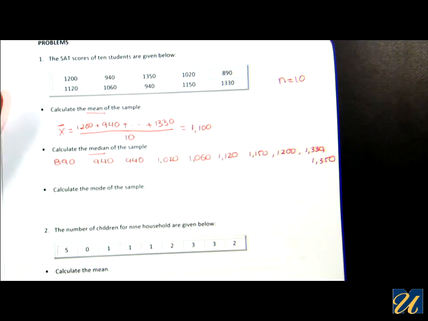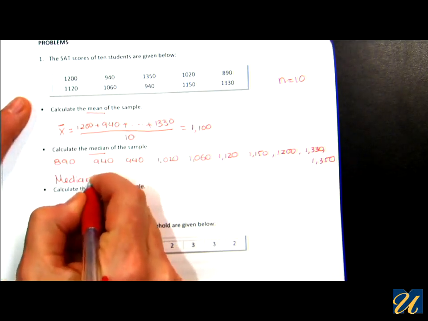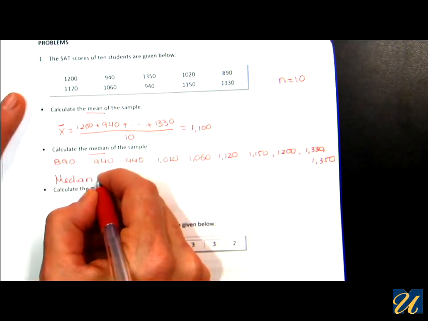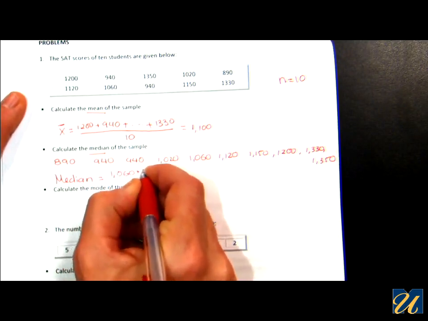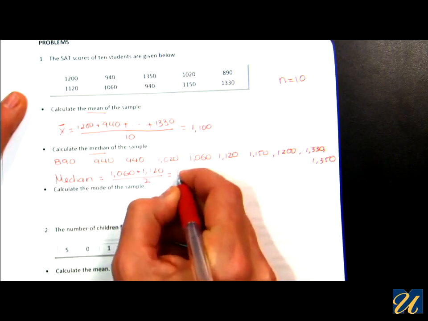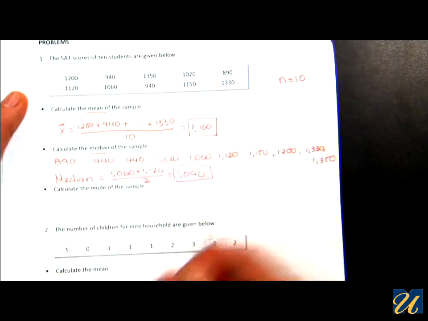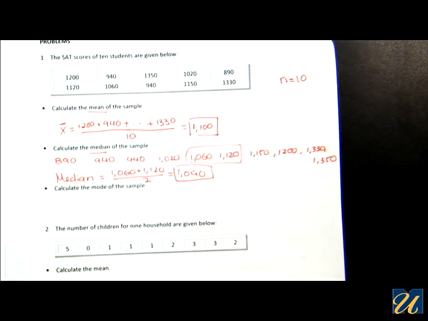We have an even number of entries. So we know that the median will be the average of the two middle ranked values. So in our case, 1060 plus 1120 divided by 2, 1090. These are your two middle values, therefore the median will be 1090.